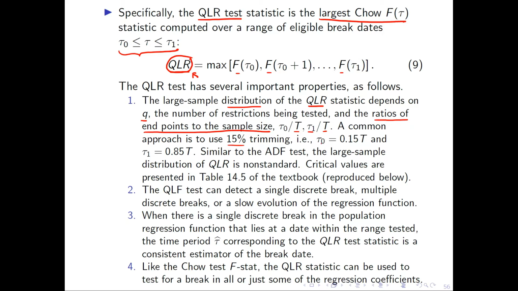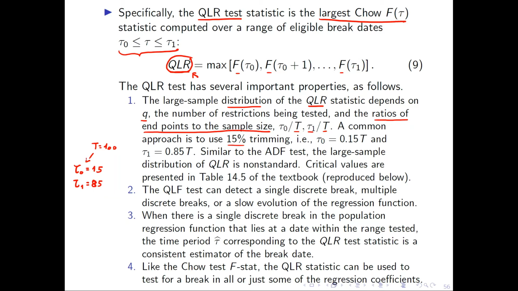So if large T equals 100, so we have 100 days of observations, then tau naught would be day 15, and tau 1 would be day 85. Between these days you would run the test.